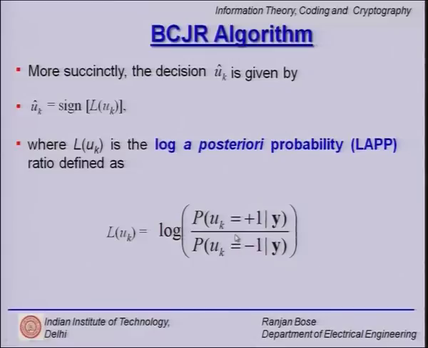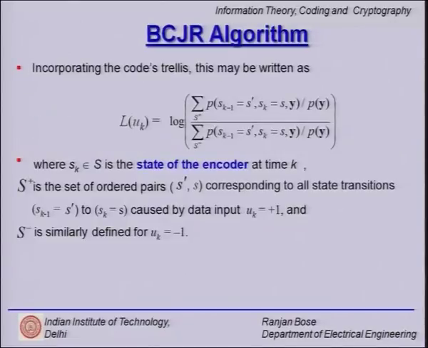It is now a question of a sign. If the numerator is larger, the sign is positive; if the numerator is less, the probability is less and the sign is negative. So, we are now only working with the sign. It is a very smart way to convert this log a posteriori probability ratio. We are now going to work with this ratio and the signs itself. It is pretty decent to do this.